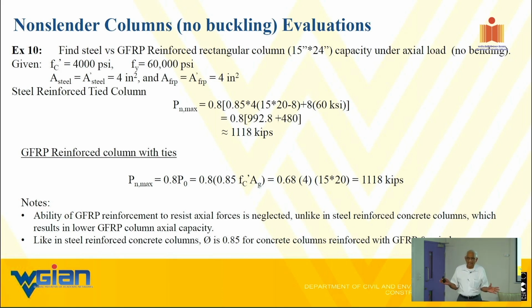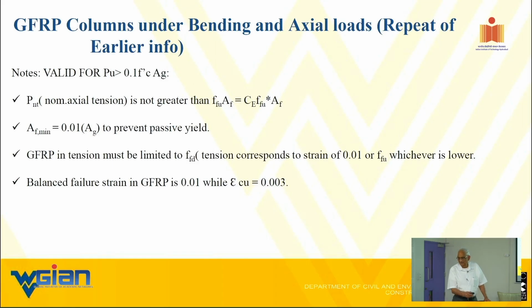That's a very standard reduction factor for columns in the eccentric case. Accidental, yeah, accidental is the right word. We can say initial imperfection. Yeah. Ours is accidental eccentricity. Sir, is this reduction factor different for spiral reinforced?